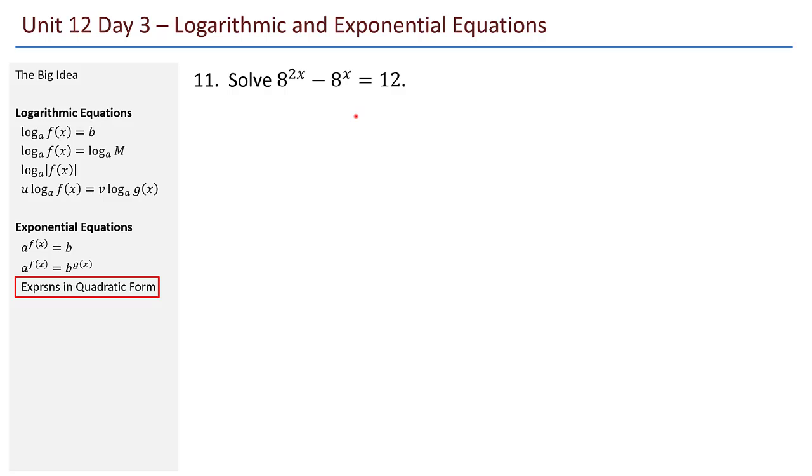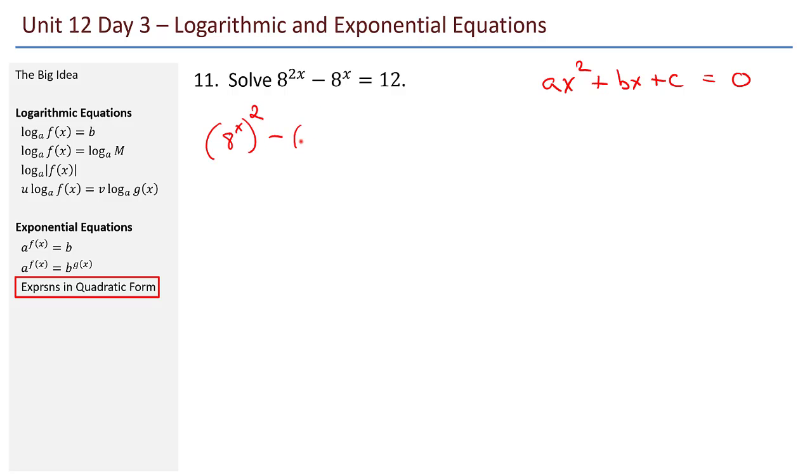Now recall, a quadratic, that's something like ax squared plus bx plus c equals 0. And you can solve this hopefully by factoring, or you can always at least use the quadratic formula to figure out what x is. So does this guy on the left have quadratic form? Well, 8 to the 2x, that's the same thing as 8 to the x being squared.